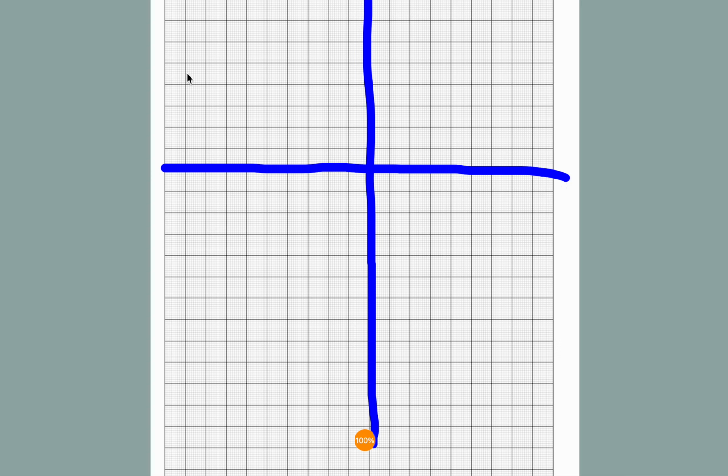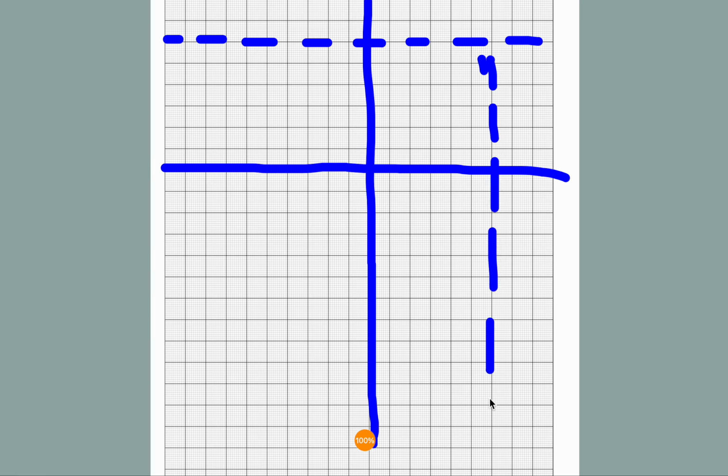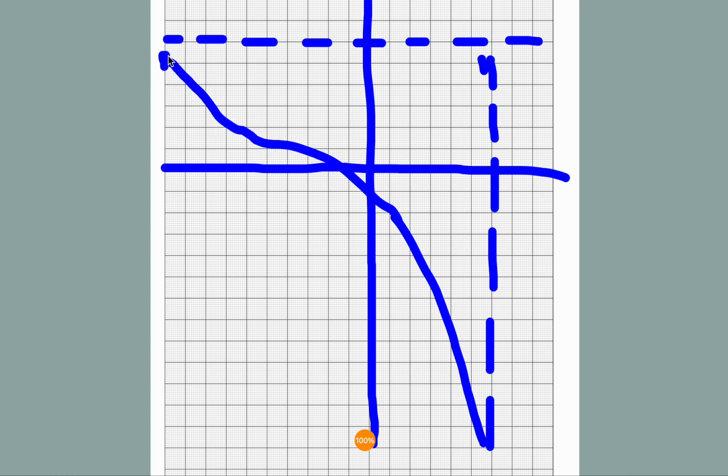Now, say we put some dotted lines. I'm going to have you find the domain and range. So let's find the limit of x and y.